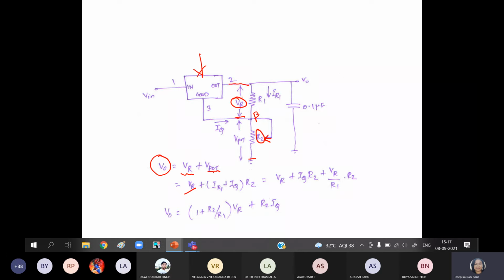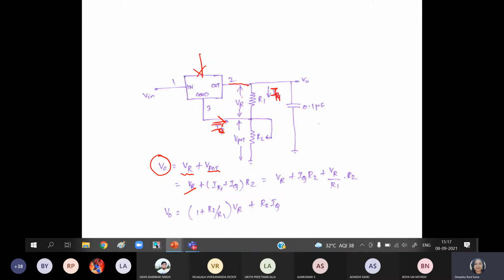Now let's have a look at what the potentiometer voltage is in this case. What are the factors coming for that? Your transistor current IQ is approaching towards that, then the reference current IR1.